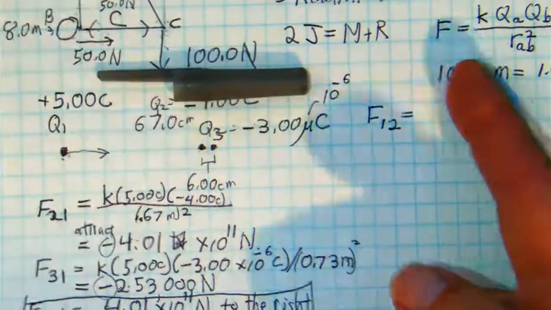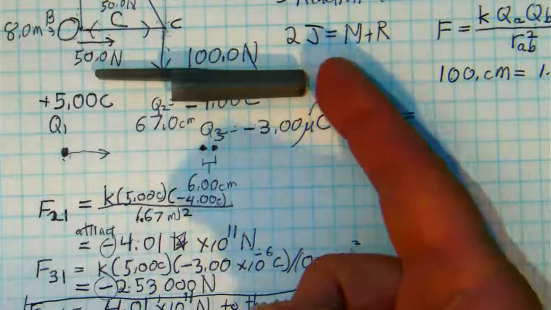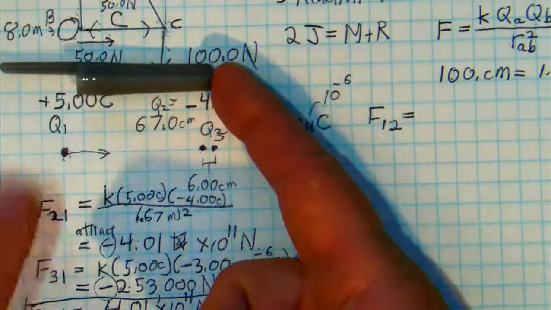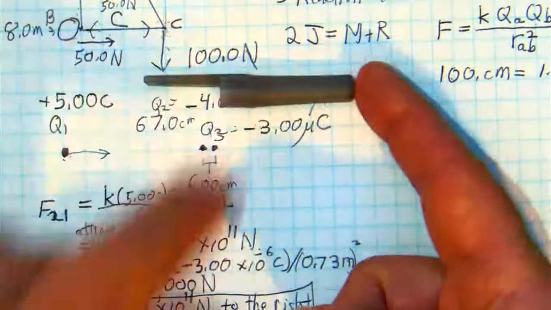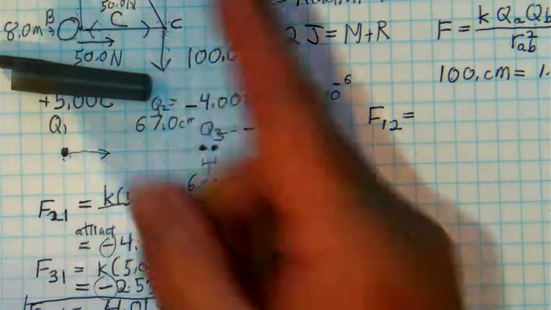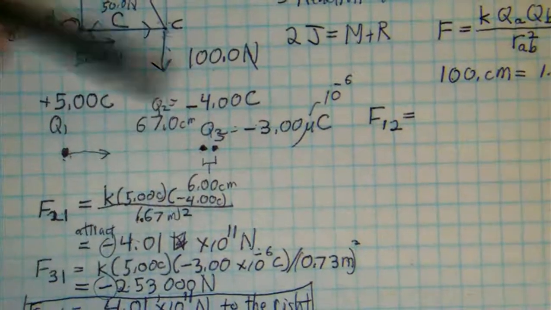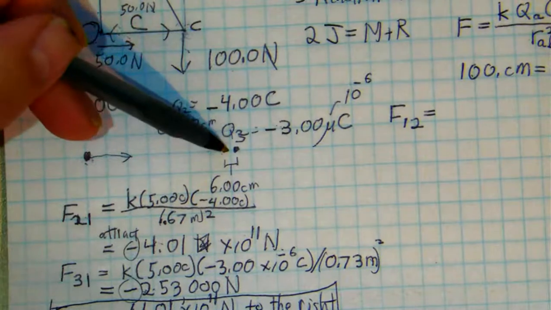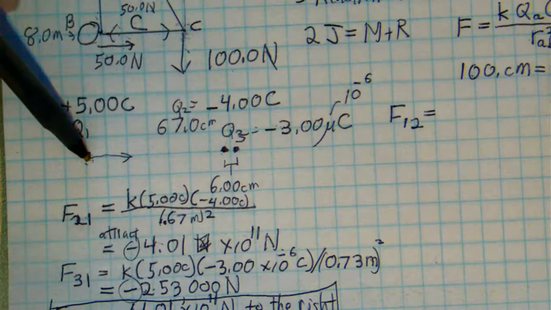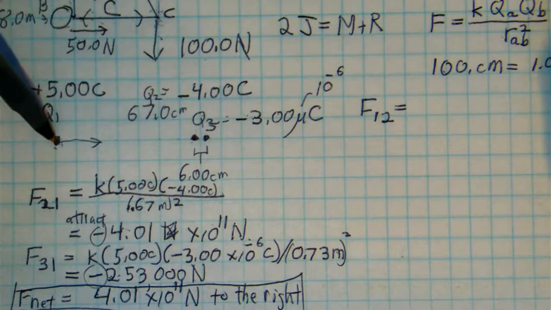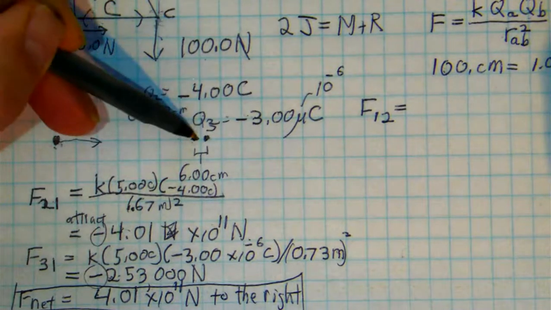Even if my hand's not there, if I push on this empty pen cap and 1 newton makes it move, the pen cap is pushing back on my finger with that same 1 newton of force. That means once I had calculated the force of charge Q2 acting on charge Q1, that also gives me the magnitude of the force of charge Q1 acting on charge Q2.